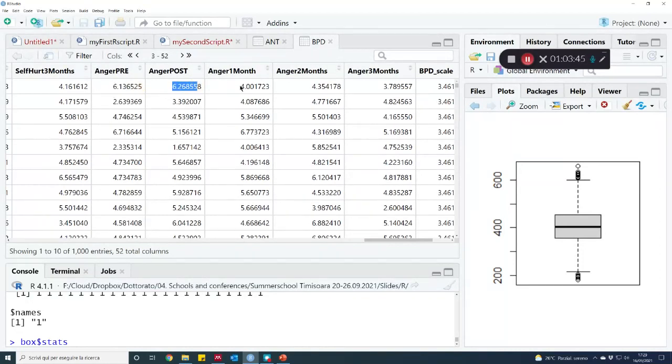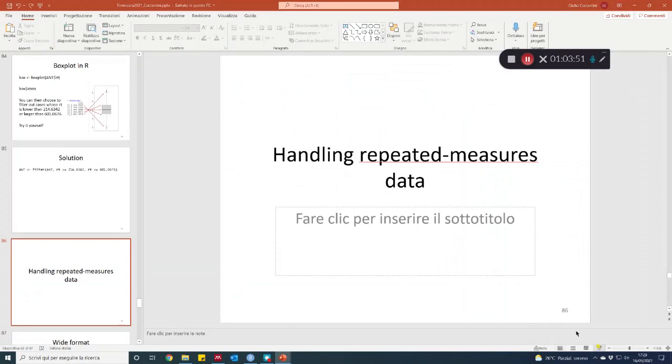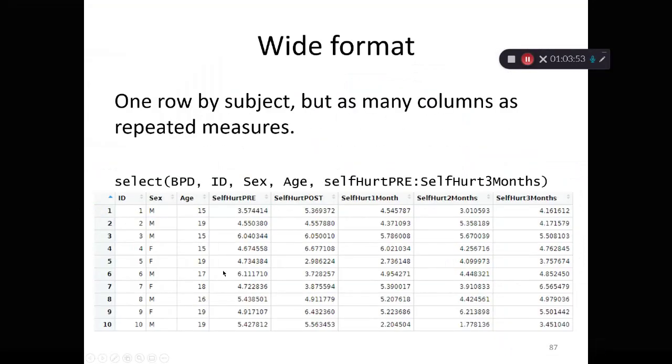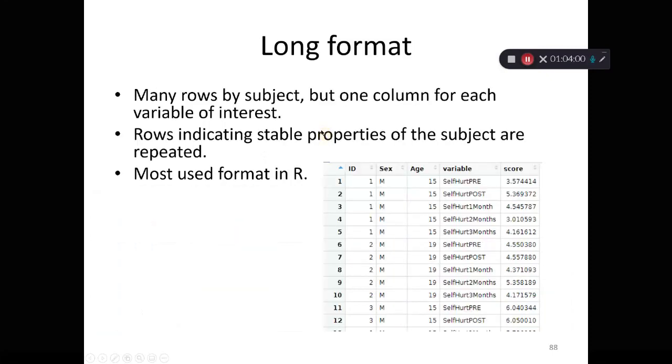Another variable represents the anger after 1 month, another variable represents the anger after 2 months. That's different. Those 2 data formats are called the wide format, 1 row by subject and as many columns as repeated measures, and the long format, so many rows by subject, but 1 column for each variable of interest.